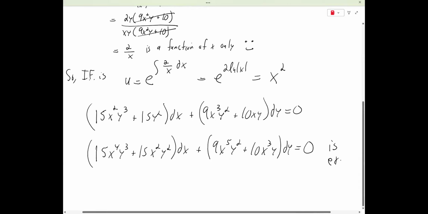This is now exact. This is an exact equation. All right, so anything there so far?